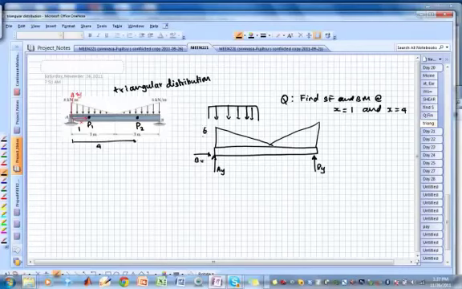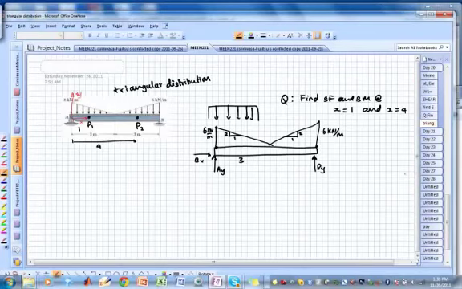And this is 6 kilonewton per meter. That's the original height. The slope of this, since this length is 3, is 2:1. Okay, so we have all that set up.